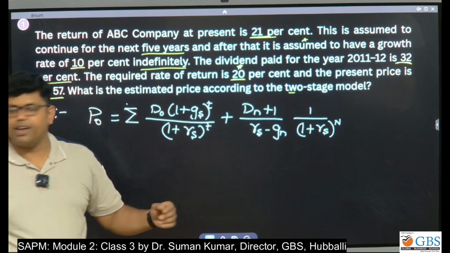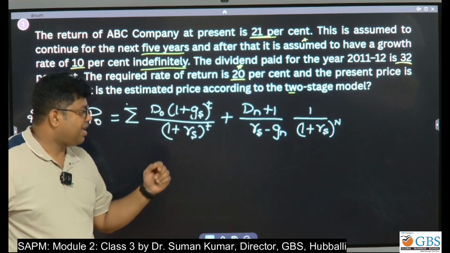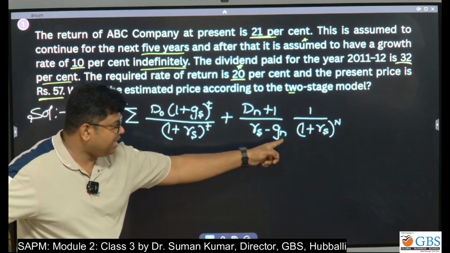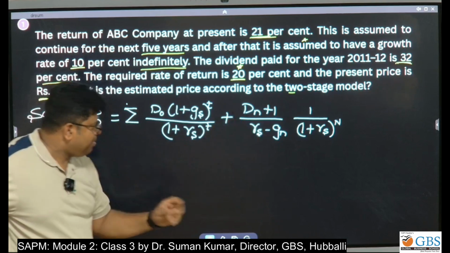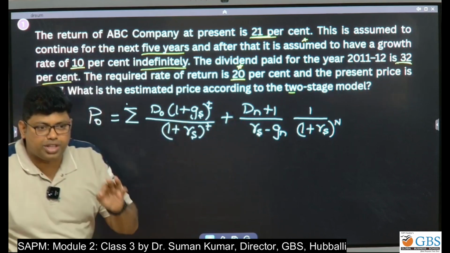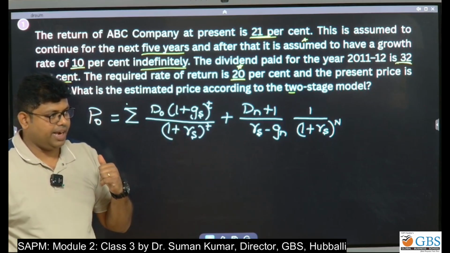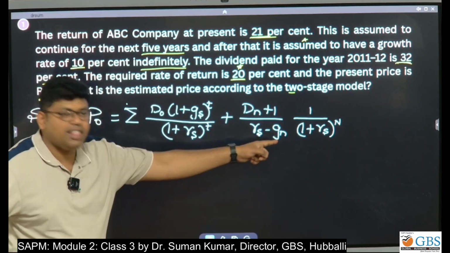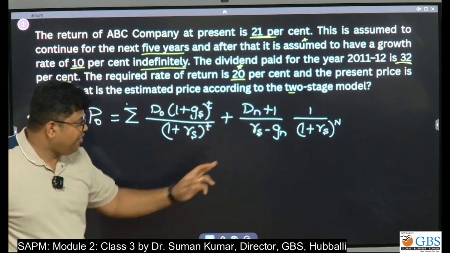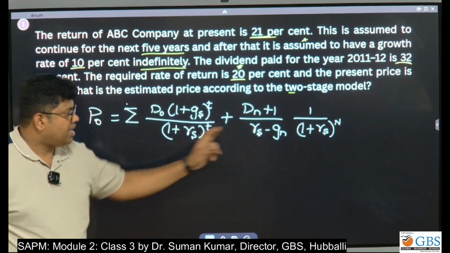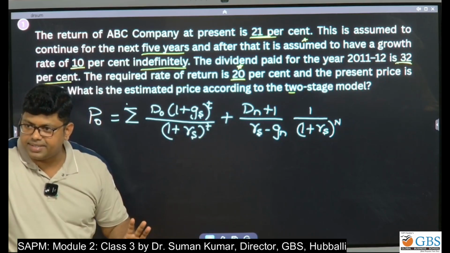In some textbooks they follow this, ga, then gb instead of gn. But in this formula, gs means the growth rate of first stage, gn means the second stage growth rate, and we know r is the required rate of return.